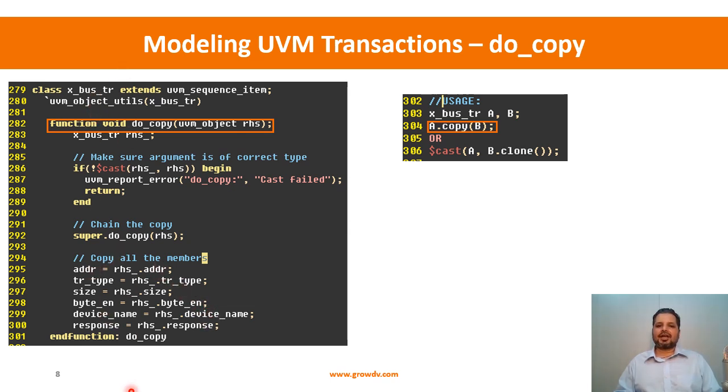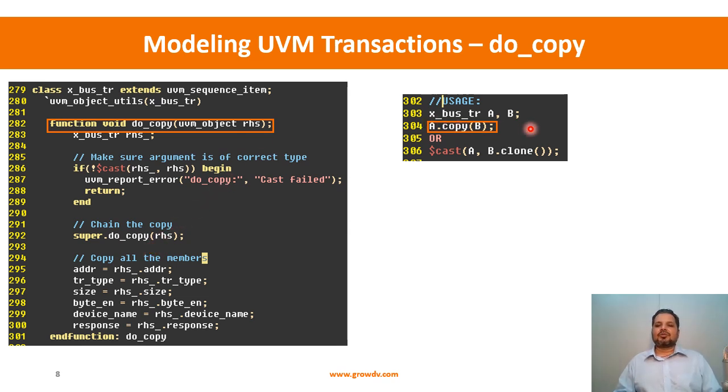So that's all that we really need to do. And if there are any object handles present as properties within the class, you can keep on calling the doCopy for those object handles as well, similar to what we have done with the super.doCopy, to continue with the deep copy process.